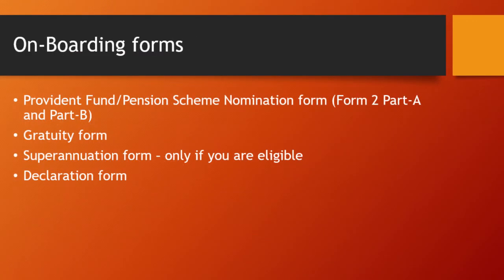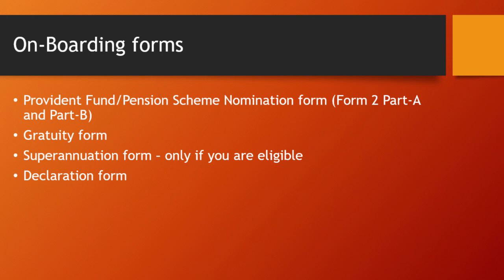And the next part is you have to complete these onboarding forms. There are some forms you have to complete before joining. There are provident fund and pension scheme nomination form, and gratuity form and superannuation form.